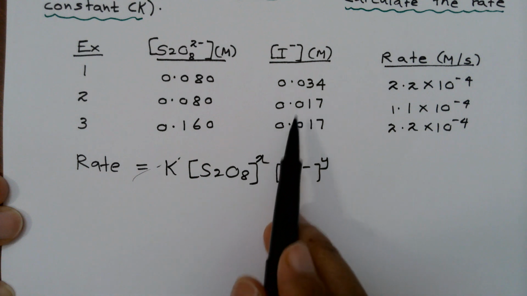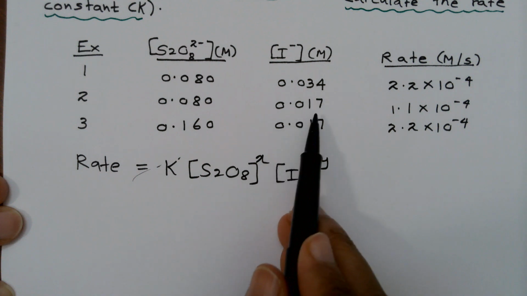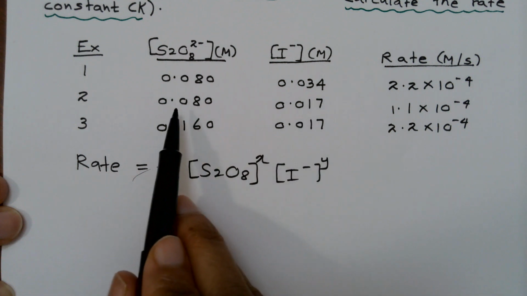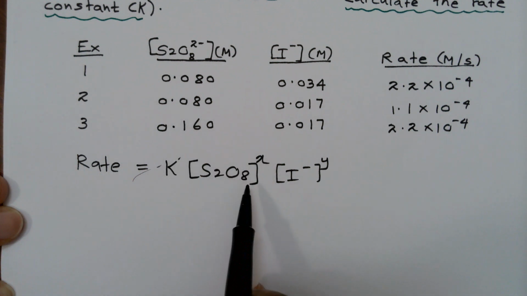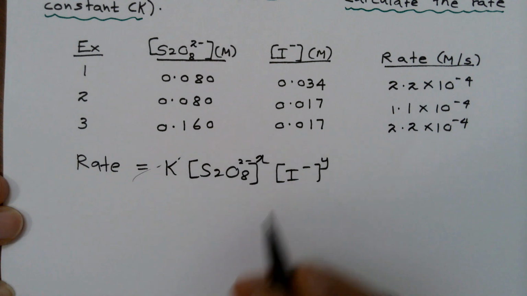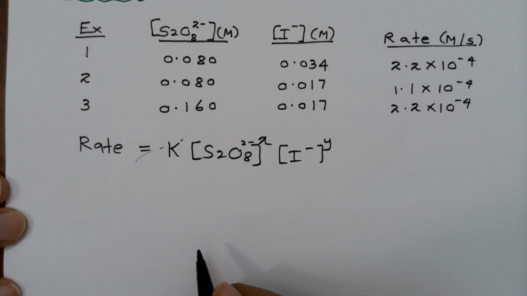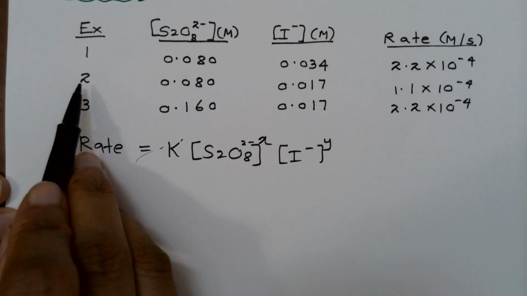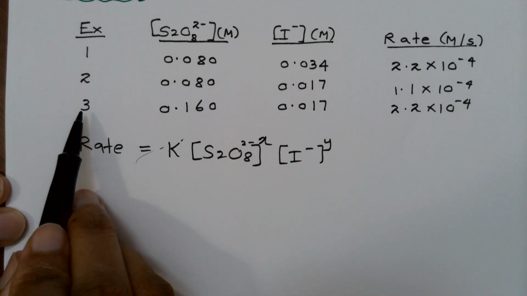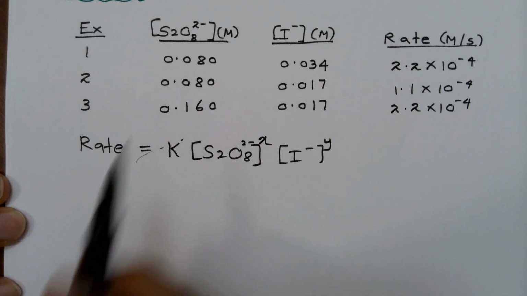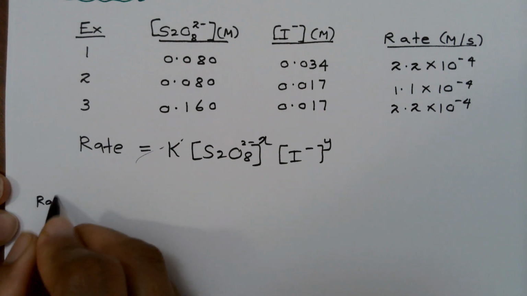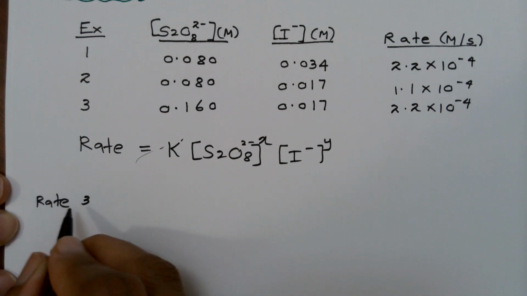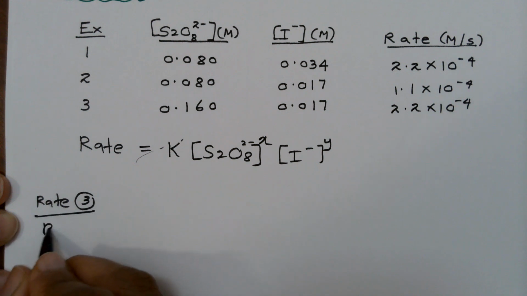Then we can select 0.017, 0.017, and then we can easily calculate x, the order in terms of S2O8 2 minus. So what I'm going to do here is pick 2 and 3, and then I'm going to divide 3 divided by 2. So let's write my rate 3 divided by rate 2.